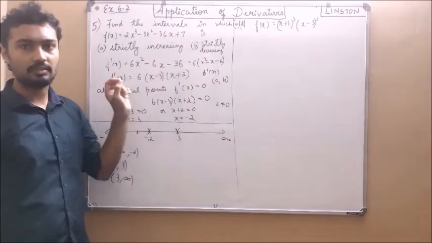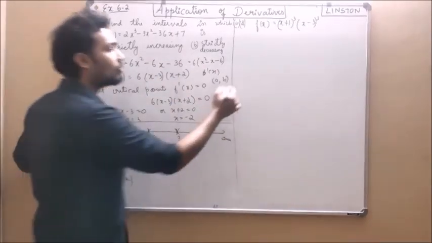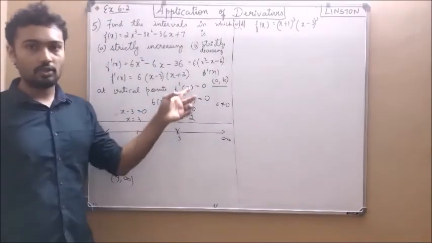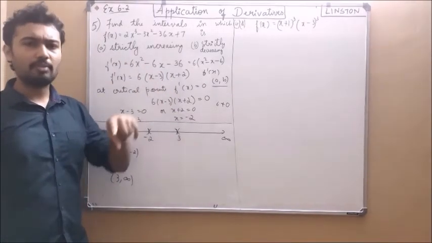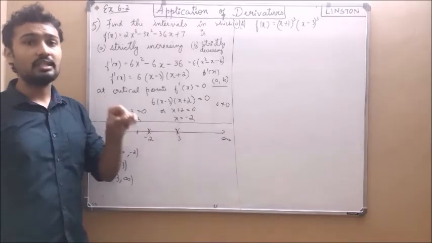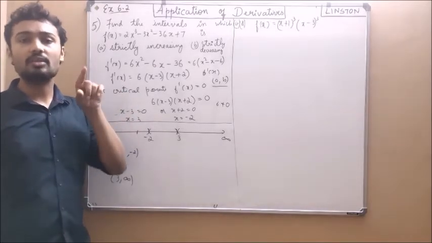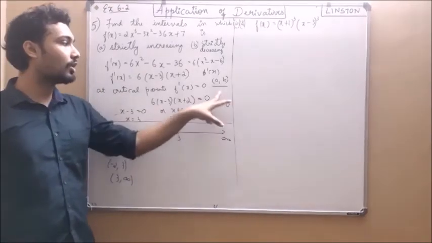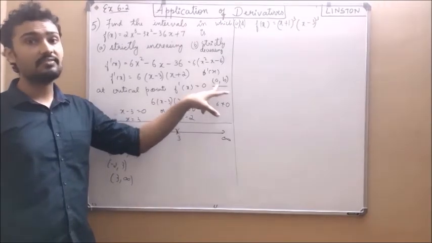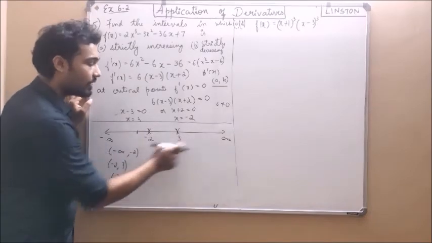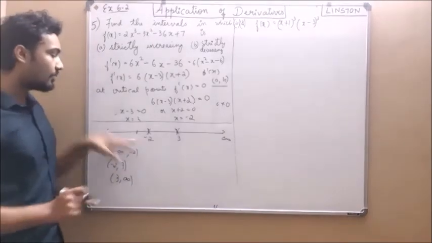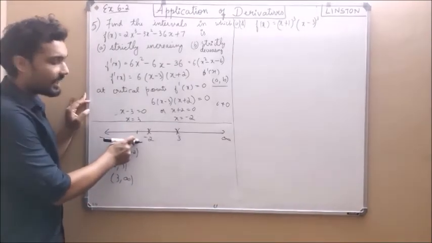That is the meaning of open interval. Differentiability is defined only on the open interval, not on the closed interval, because at the endpoints we are not sure whether the function is constant. So we cannot take endpoints. Take any point in between.